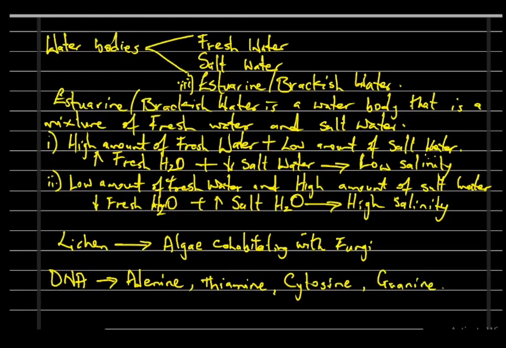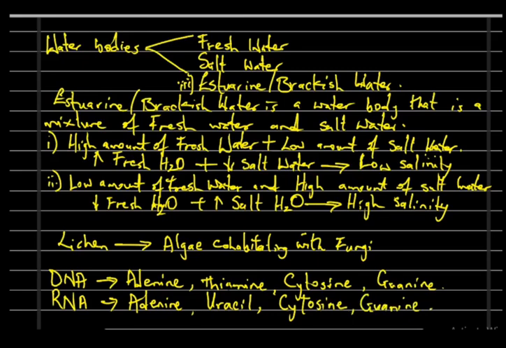Those are the base pairs of the DNA. While for RNA, we have it to be adenine, uracil, cytosine, and guanine. So that is the base pair.